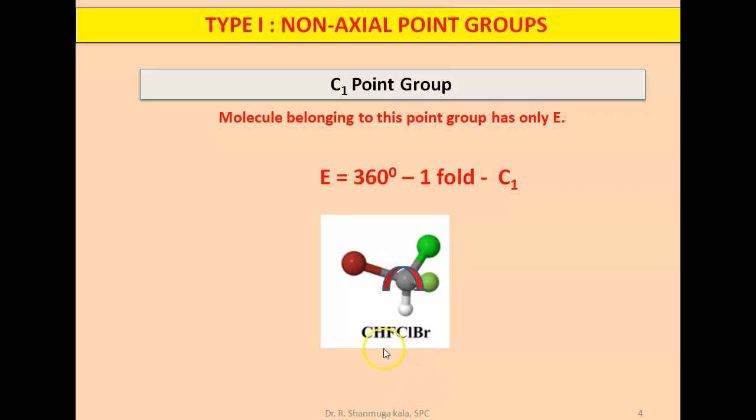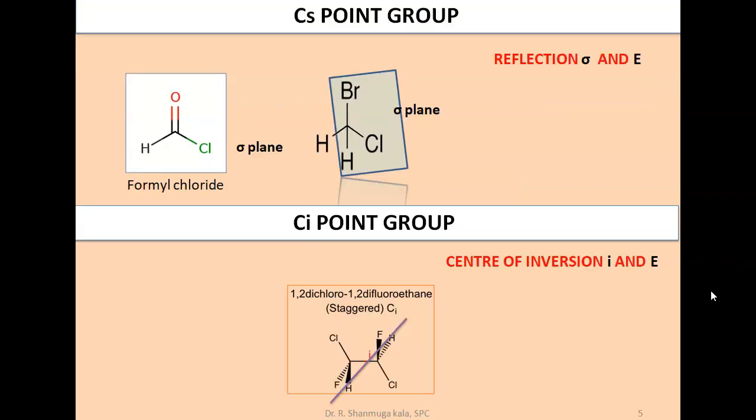So a completely asymmetric molecule, like this example CHFClBr. Around the carbon all four substituents are different, and we need to rotate the molecule about 360 degrees, and hence the point group is C1. So all kinds of asymmetric molecules have the C1 point group.